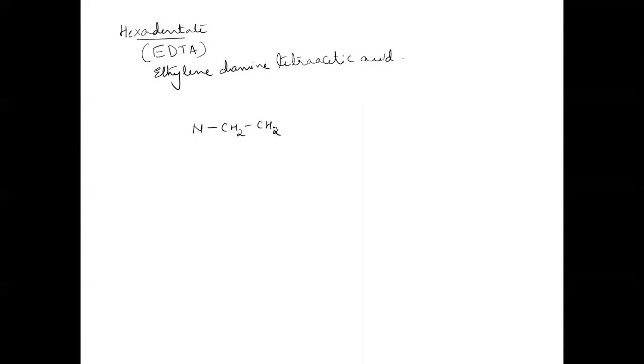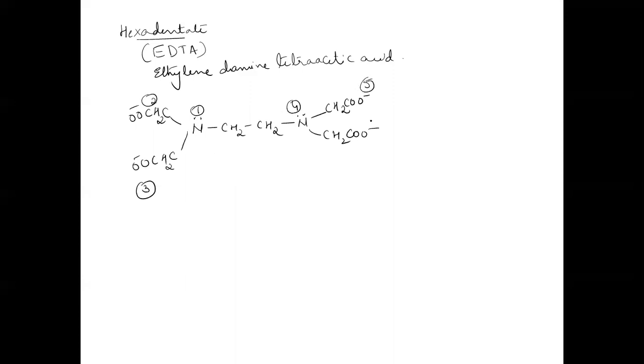There should be 4 CH2COO minus groups, 2 on each nitrogen. Here a lone pair, here one more lone pair. So 1, 2, this oxygen 3, 4, 5, and 6 donor atoms are present. So it's a hexadentate ligand.